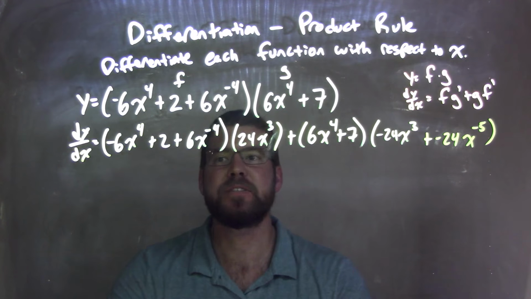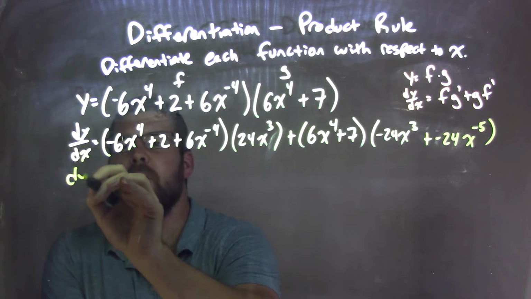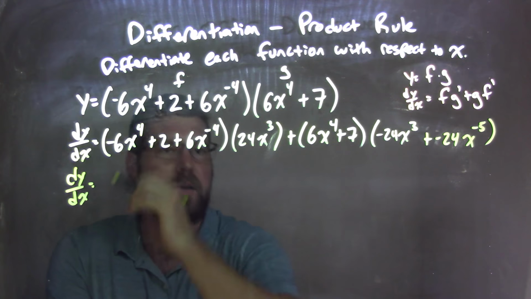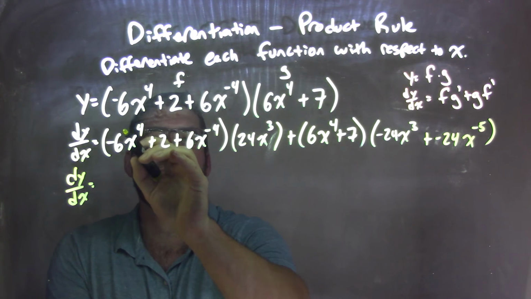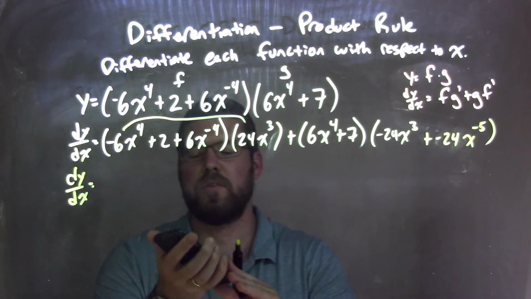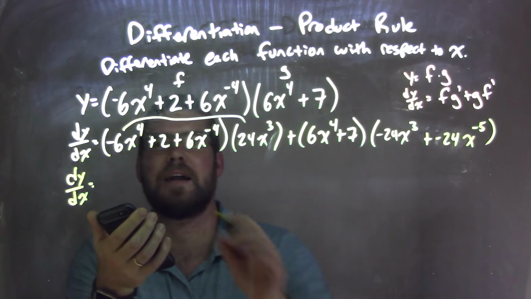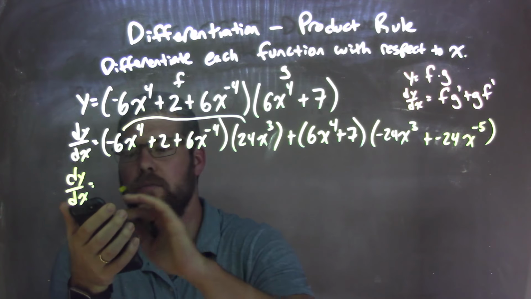But I need to distribute this. So I'm going to distribute all the way across here, okay? So we have dy dx, okay? Let's take our time. Negative 6x to the fourth times a negative 24, well, I don't know 6 times 24 off the top of my head, to be honest. 6 times 24 is 144, and it's negative, because negative 6 times 24, right?